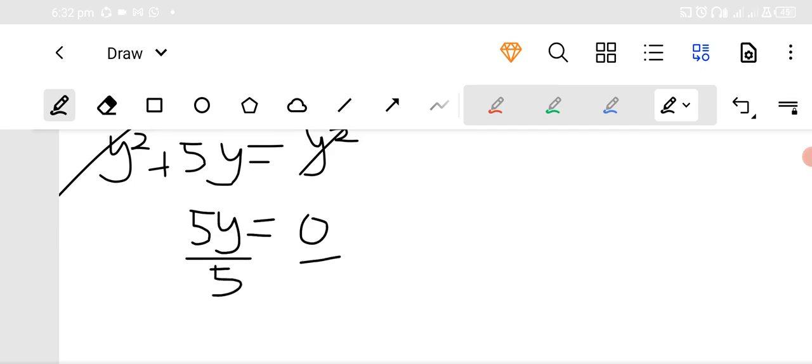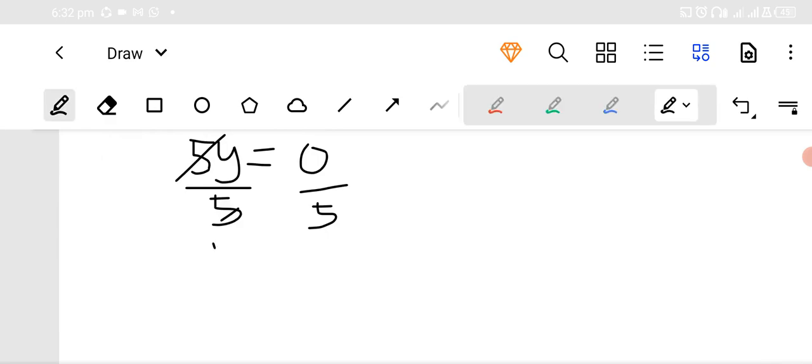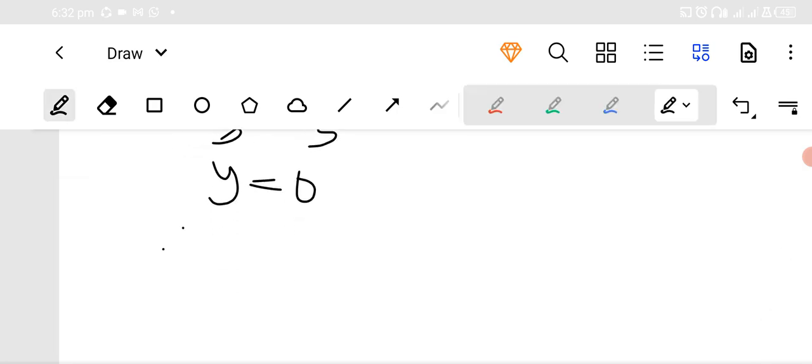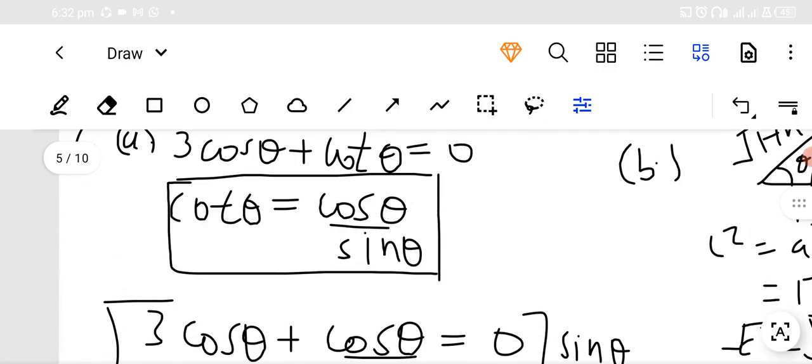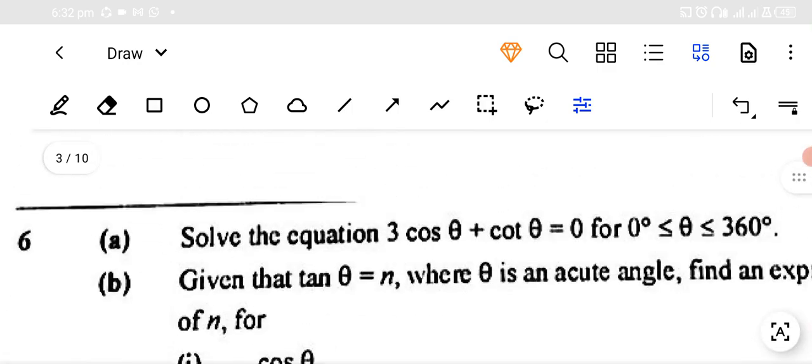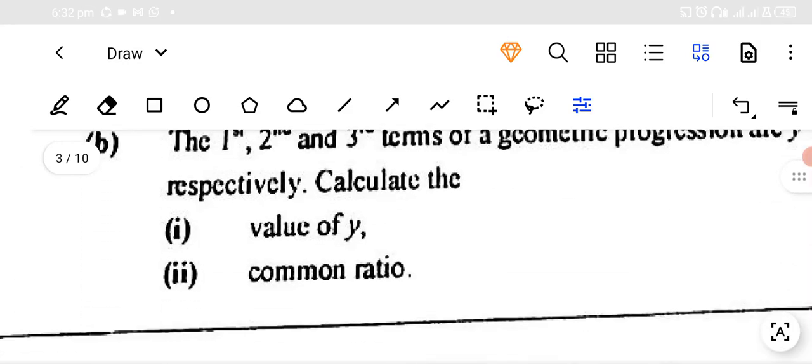Divide by 5, you have y is equal to 0. You conclude, therefore, y is equal to 0. That's why it was carrying 2 marks. You have seen why they did that.